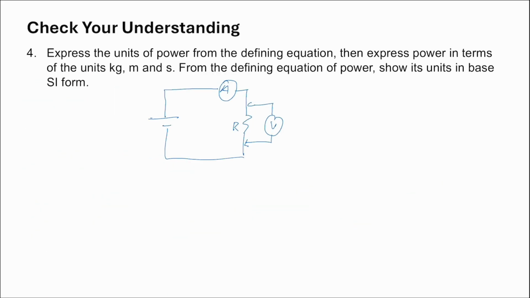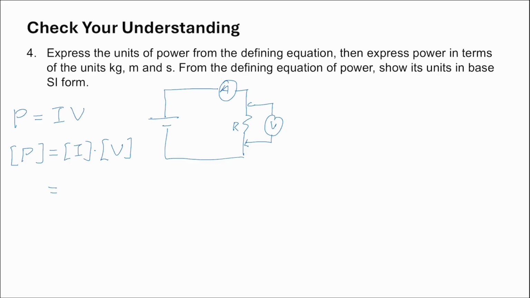When a resistor connects to a power source, the power delivered to the resistor is equal to IV. So power P is defined by IV. The unit of power, therefore, equals the unit of I multiplied by the unit of V, the voltage.